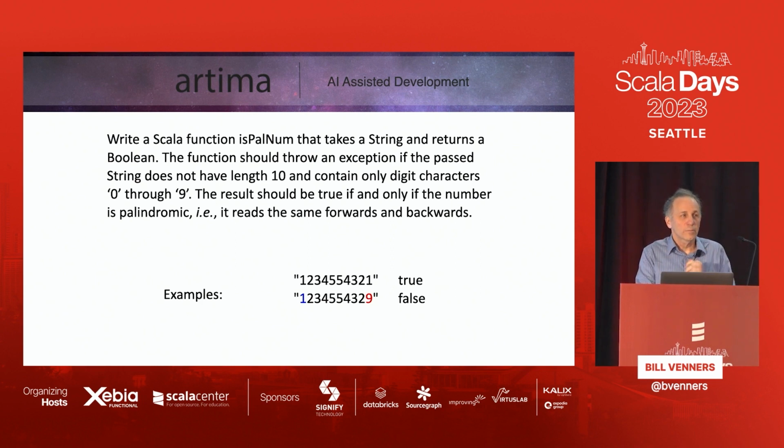If you fail to pass that kind of string in, it's going to blow up with an exception. Otherwise, it's going to return true if the number is palindromic, which means it reads the same forwards and backwards, and false otherwise. Like the example down here, 1234554321 reads the same forwards and backwards, so this function should return true. And if I change that last 1 to a 9, then it's going to return false because it doesn't read the same forwards and backwards.